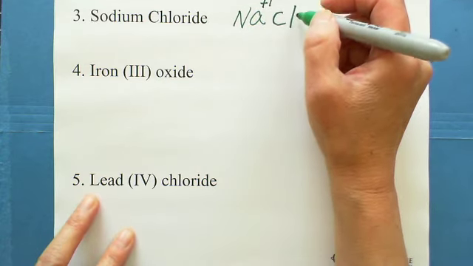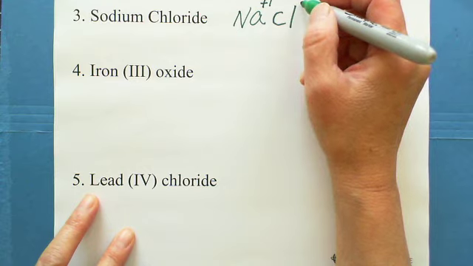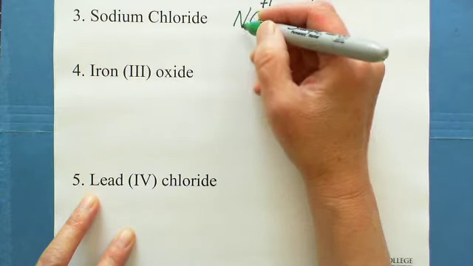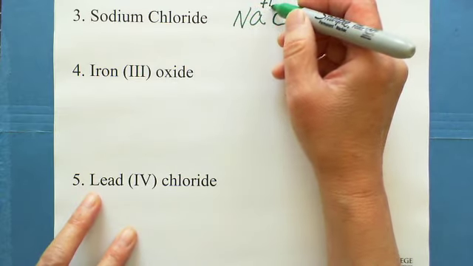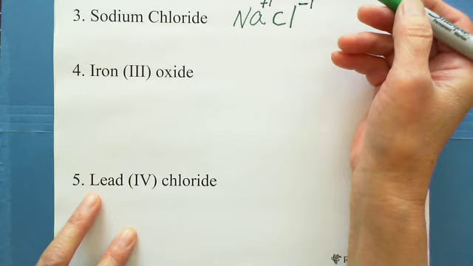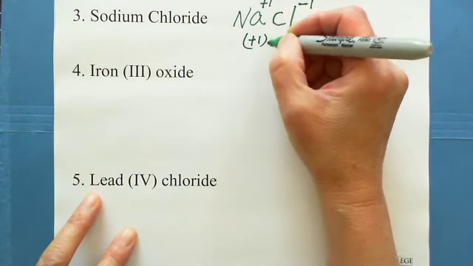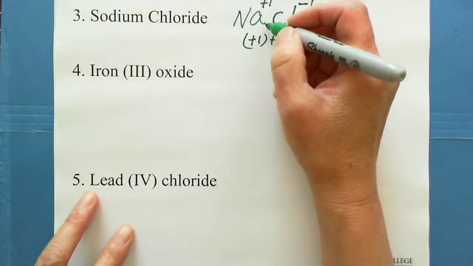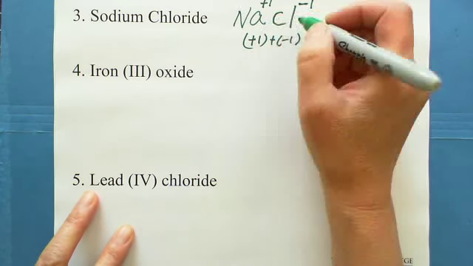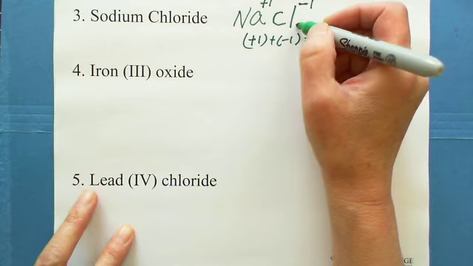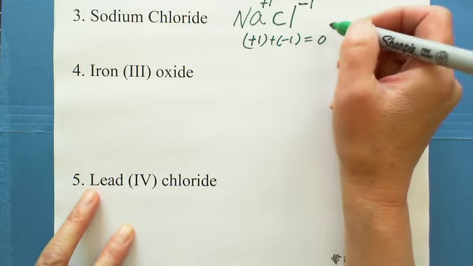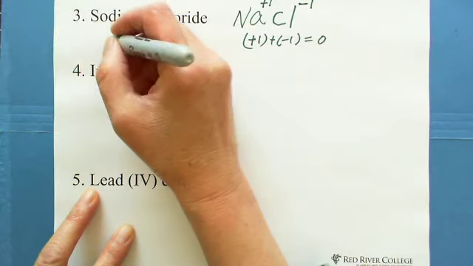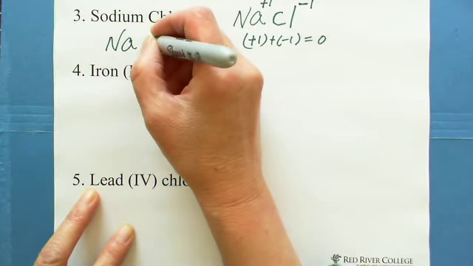Chlorine is group 17, a very strong non-metal, is -1. For sodium chloride, you can see +1 and -1 are already balanced. So +1 plus -1 equals 0. That means 1 sodium ion with 1 chloride ion can balance. That's why the formula is just NaCl.